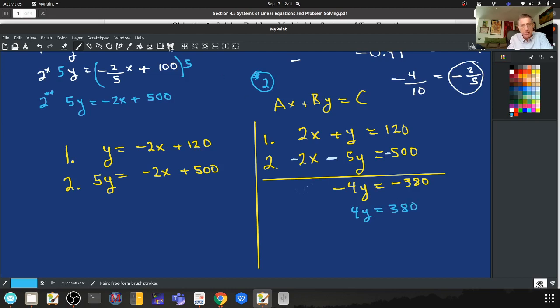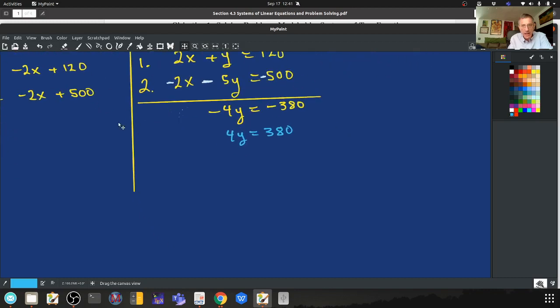And now don't go grabbing your calculators. Let's divide both sides by 4. This is an easy division. So 380 divided by 4. Well, 9 times 4 is 36. 38 minus 36 is 2.